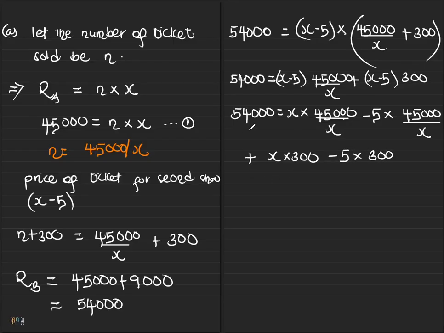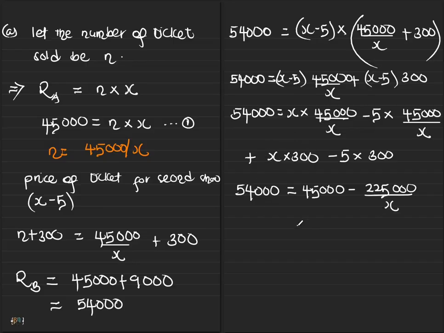So with what we have here, we then write our 54,000, which is equal to, this x cancels out this x, and we'll be left with the 45,000, then minus 5 multiplies 45,000 all over x to give us a 225,000 all over x.